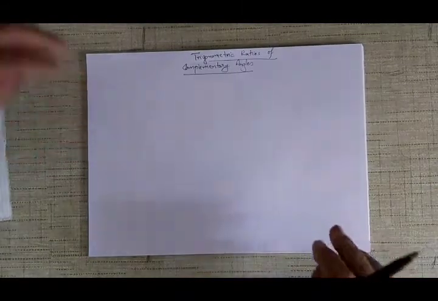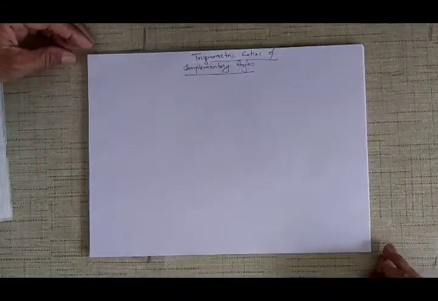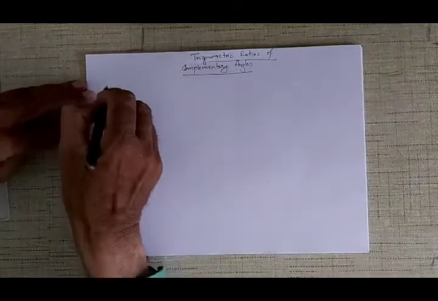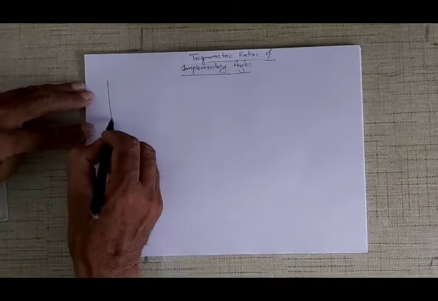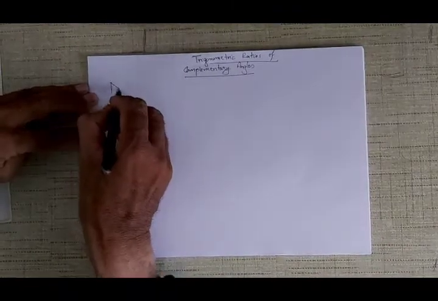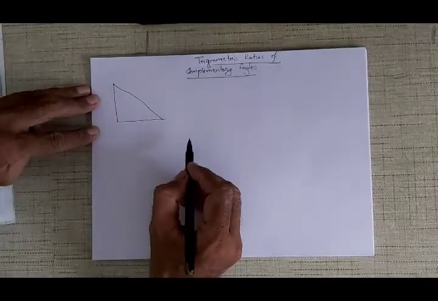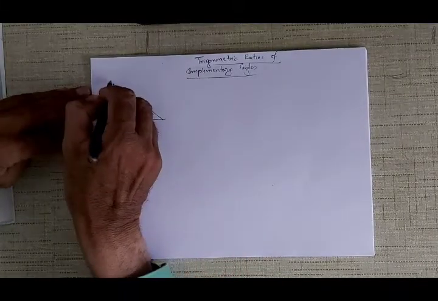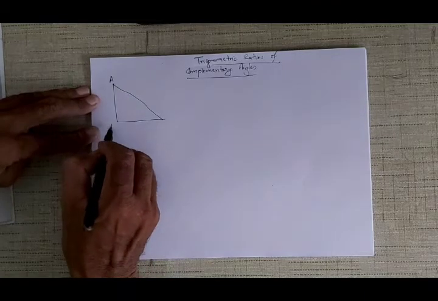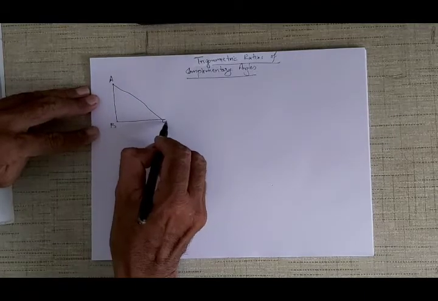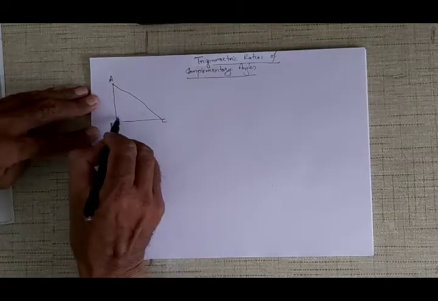Now obviously what you must understand here is that a pair of angles are said to be complementary if their total is 90 degrees. So suppose this is your triangle ABC, and this is 90 degrees.